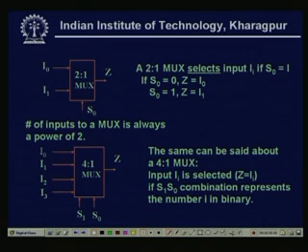That means Z is I0, that is, I0 is passed to Z when S0 is 0. Similarly, Z equals I1 if S0 is 1.